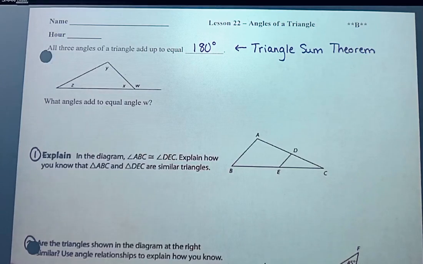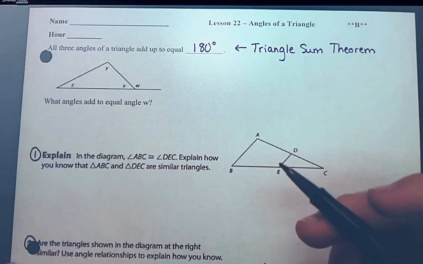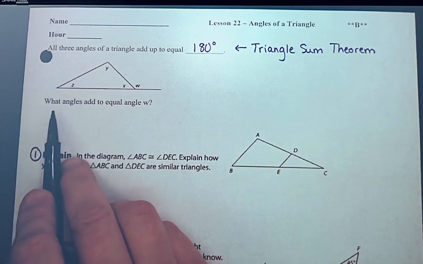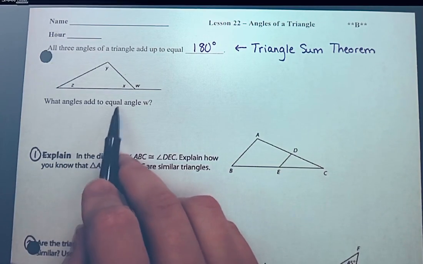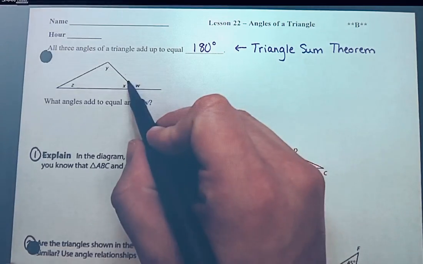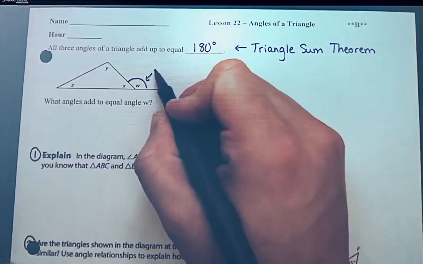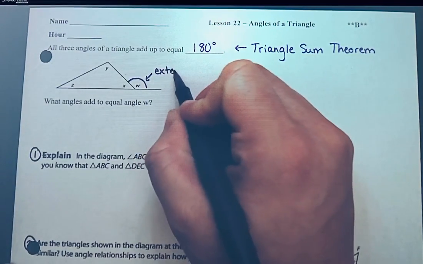In this image, we're given four different angles: Z, Y, X, and W. What angles add to equal angle W? W is known as the exterior angle.